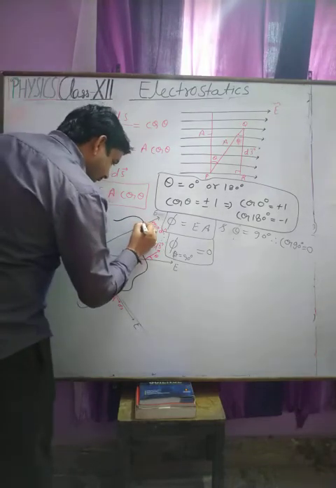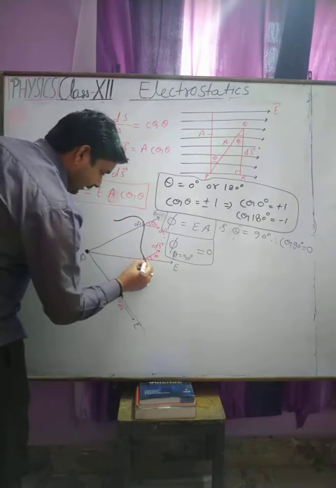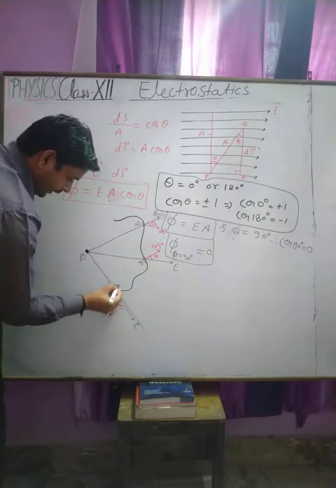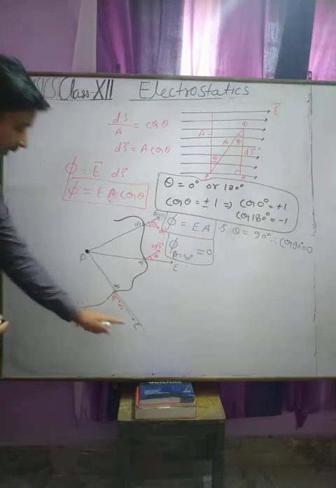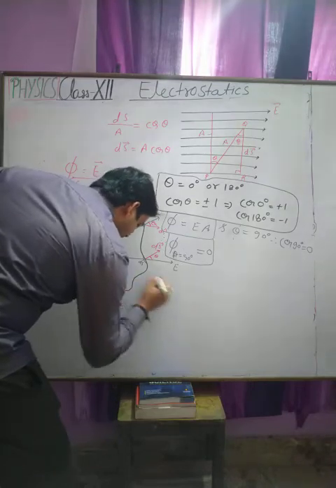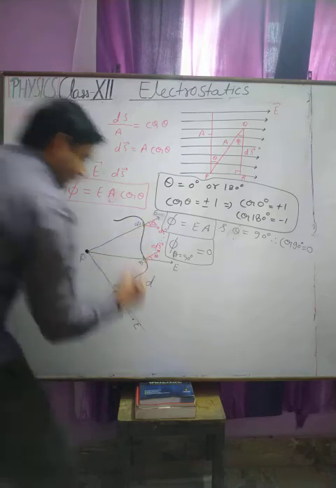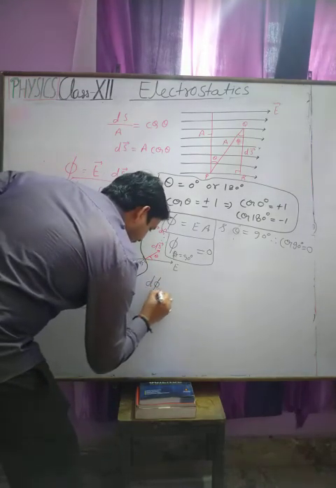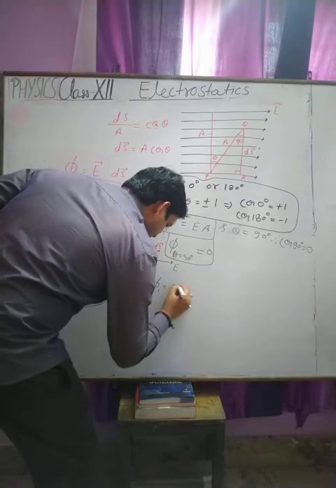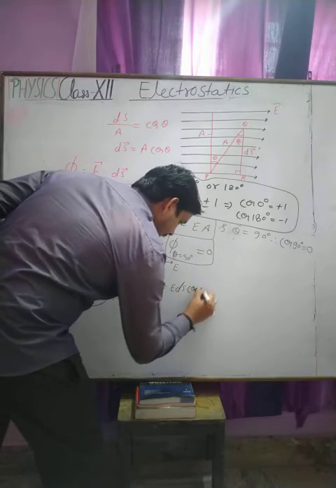Suppose this is a small area vector ds, this is again the same small area vector ds, and this is also the area vector ds. So we can calculate the small flux through this surface, small flux through this surface, small flux through this surface. So d phi 1 for this surface is E ds cos theta 1.